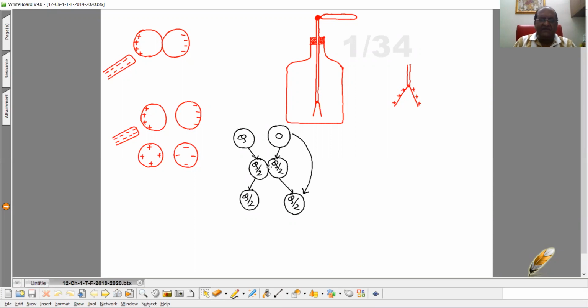Now for simplicity, here we consider both the spheres are perfectly identical. So as soon as the contact between these two is established, then we can observe this thing. The charge will be distributed equally on both the spheres. So now on both the spheres, the charge will be Q by 2, Q by 2.